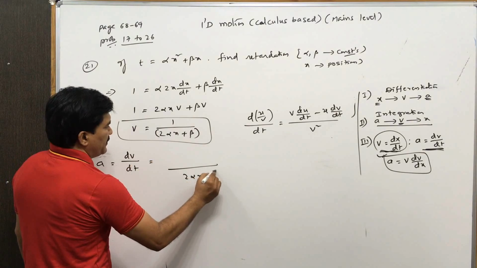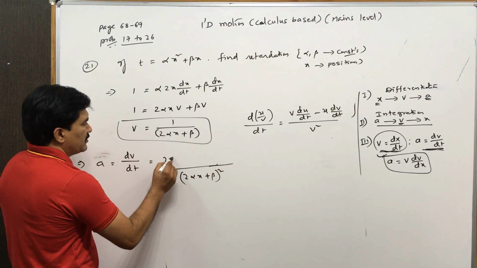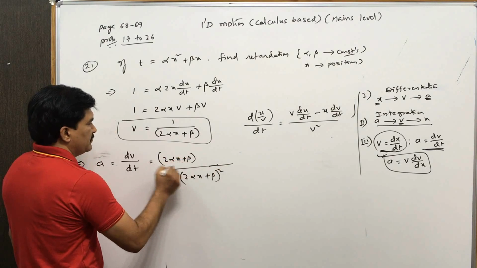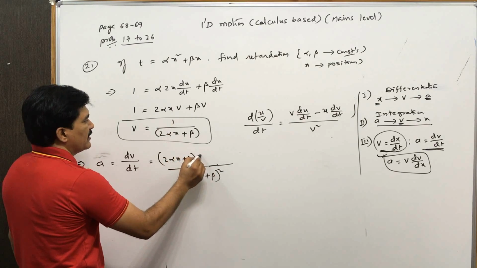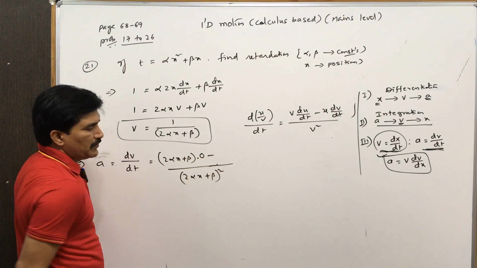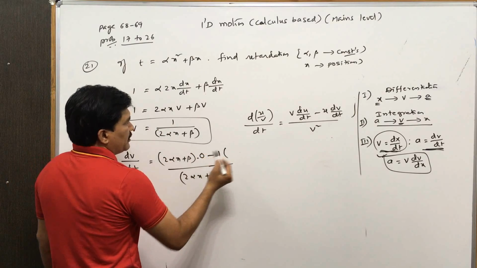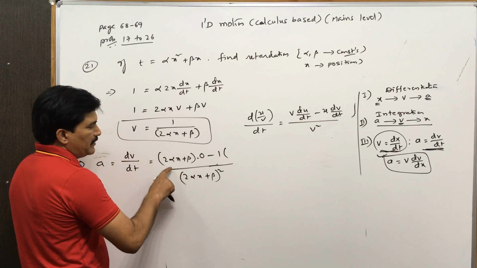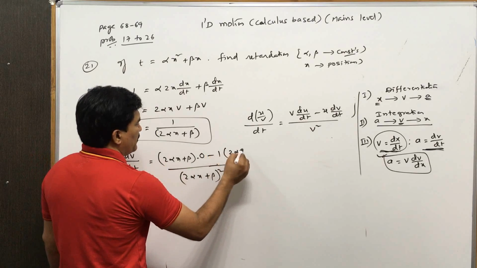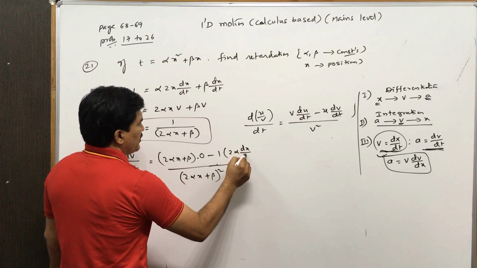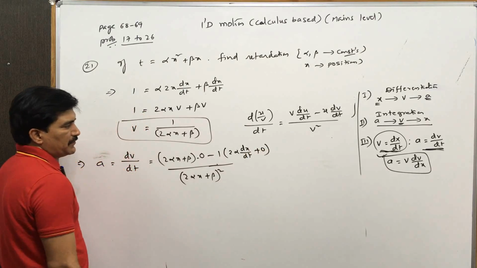I have to make use of that principle, for which this leads to the denominator whole square, 2 alpha x plus beta whole square, and v means 2 alpha x plus beta into the differentiation of u. Here u is 1, that is constant, so its differentiation is 0, minus u value, 1, into the differentiation of v, that is 2 alpha into the differentiation of x, dx by dt, plus beta is constant, so differentiation is 0.